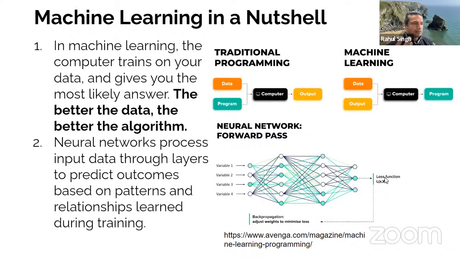Machine learning in a nutshell. If you haven't seen this kind of flow, I think it's worth explaining to everybody the difference between machine learning and traditional programming. In traditional programming, we give data and we give it our program, what we wrote, our algorithm, which is a step-by-step instruction set for what to do with the data.